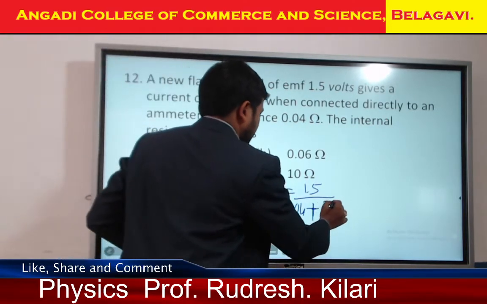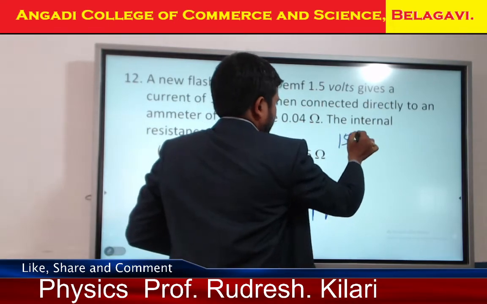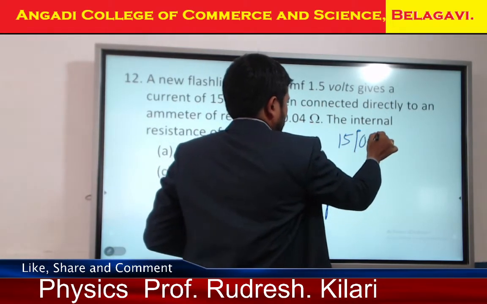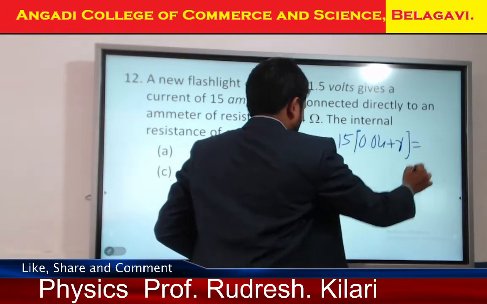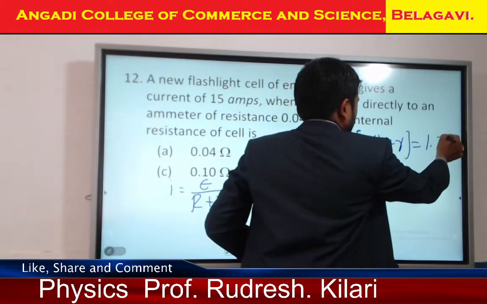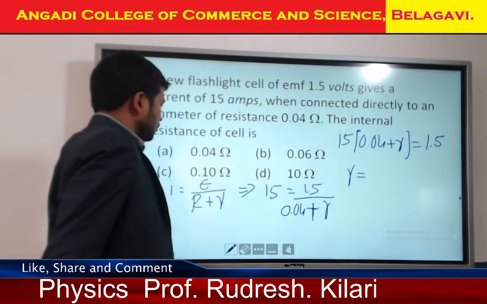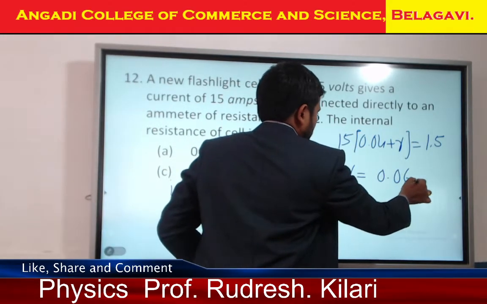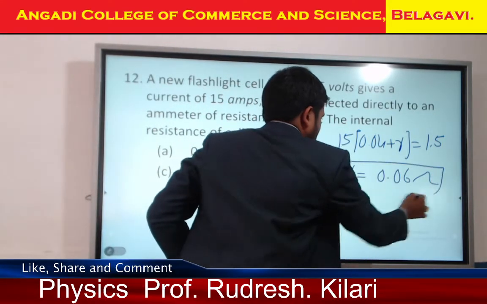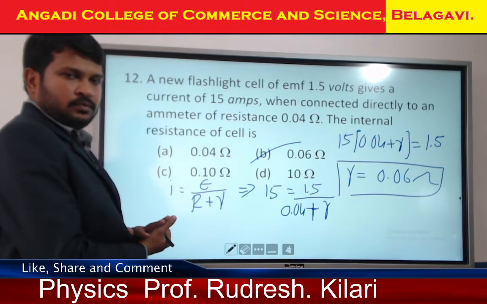Internal resistance r they are asking. Just multiply 15 into 0.04, plus r equals 1.5. Now r equals how much? Just simplify, 0.06. Option B is the right answer. Just simplify yourself.